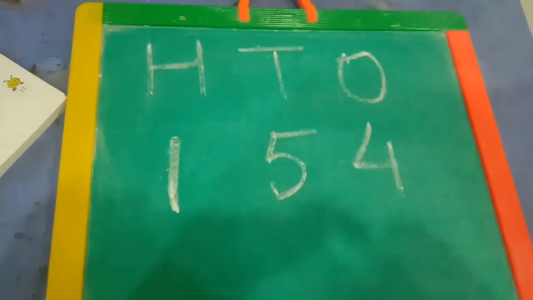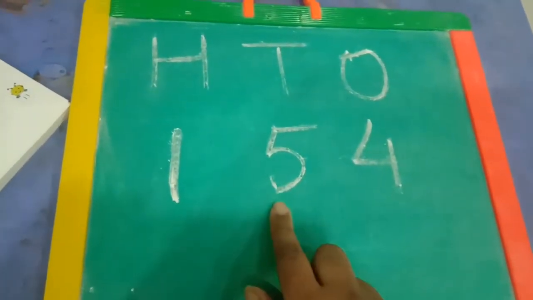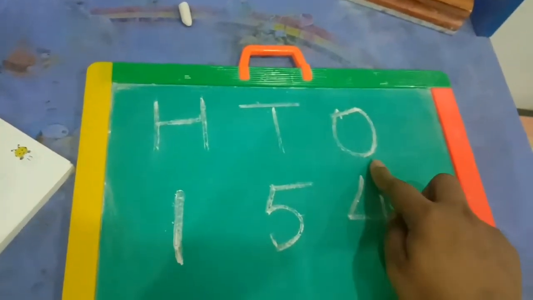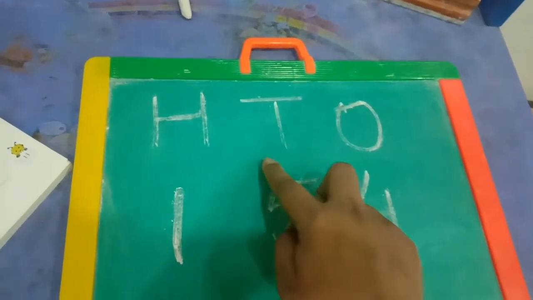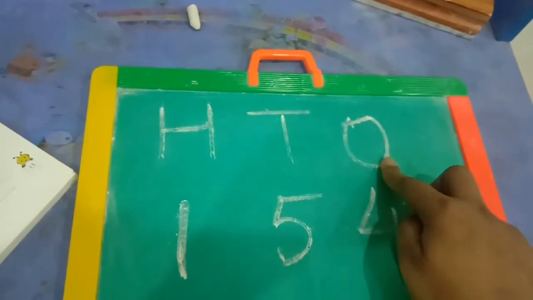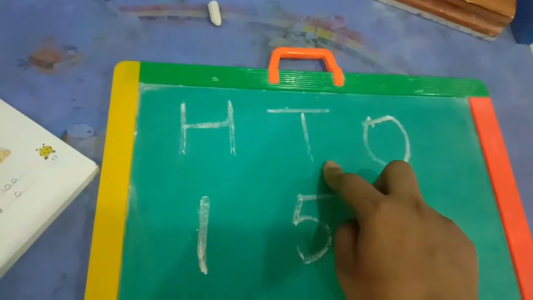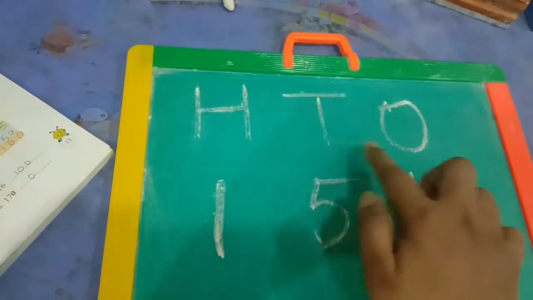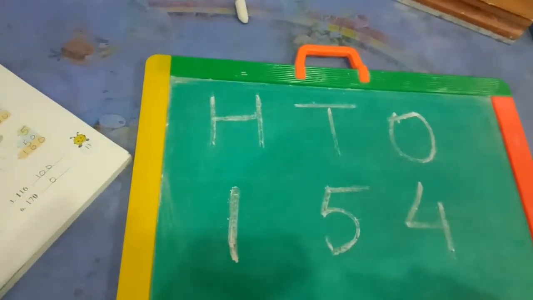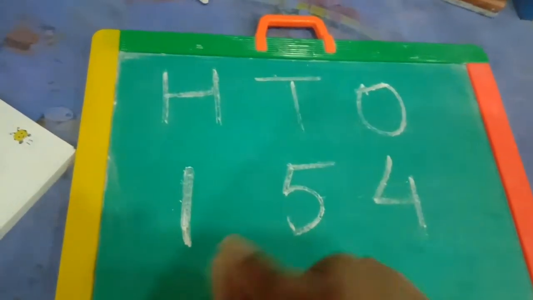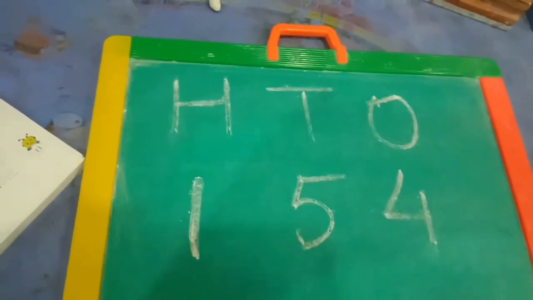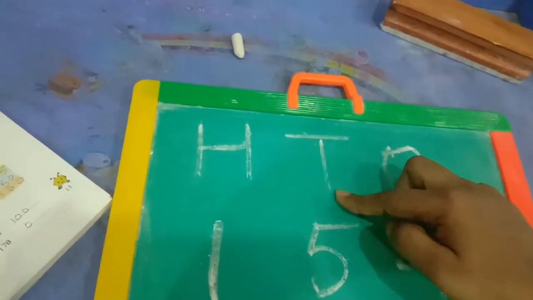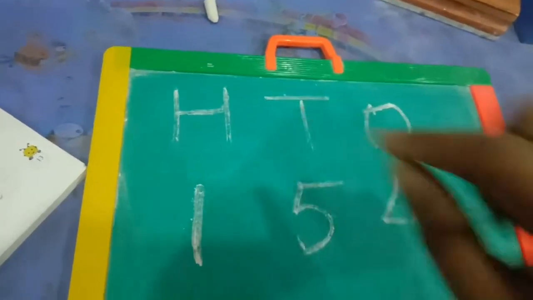Here you will find that I have written a number before you, and along with the number I have written the places of the digits, like 4 is in ones place, 5 is in tens place, and 1 is in hundreds place. Manually, without writing, we know that 4 is ones, 5 is tens, 1 is hundreds.